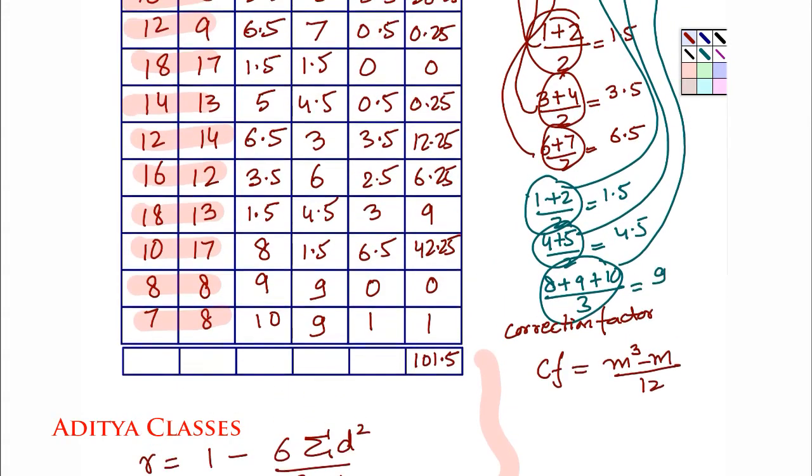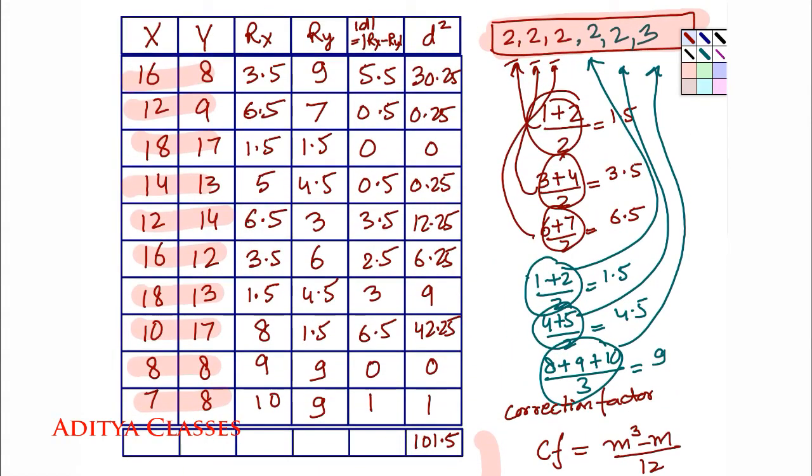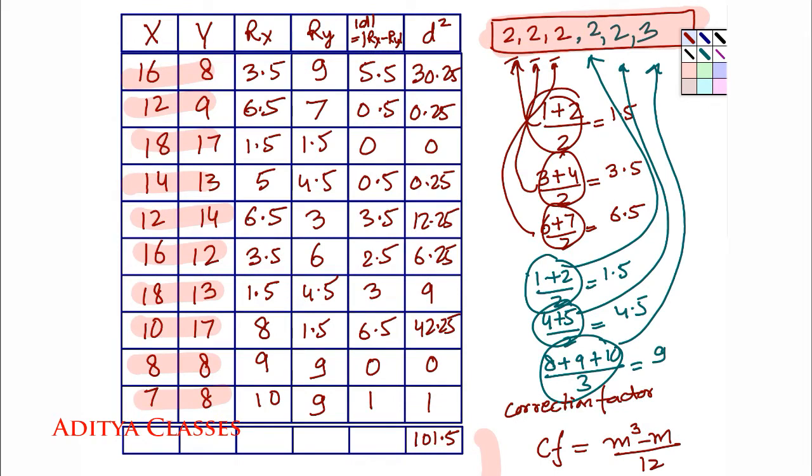So each time you had a problem, you have to apply the correction factor. I had a problem how many times? 1, 2, 3, 4, 5, 6. My question had 6 issues. So I'll have to apply this correction factor 6 times. 5 times I had the same issue of 2 ranks.